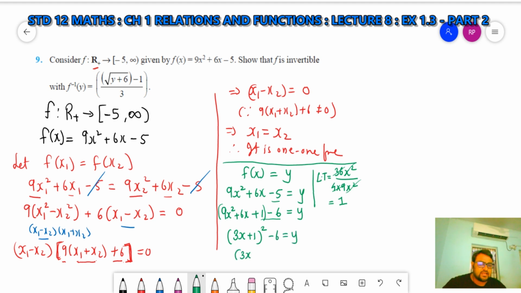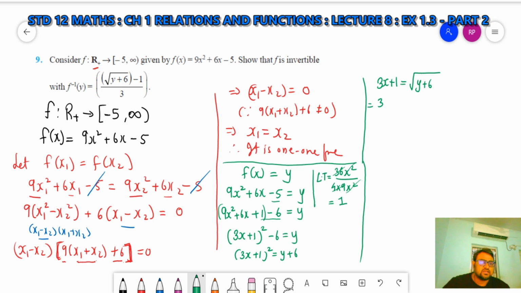So 3x plus 1 whole square equal to y plus 6. So now see, as it is a perfect square, taking square root, 3x plus 1 will be equal to square root of y plus 6.